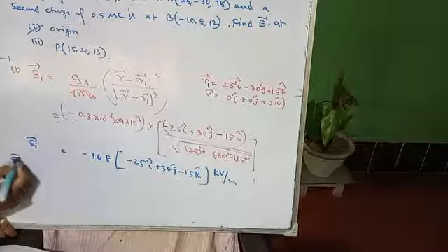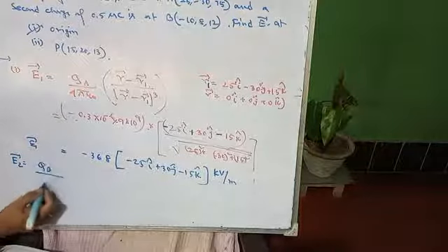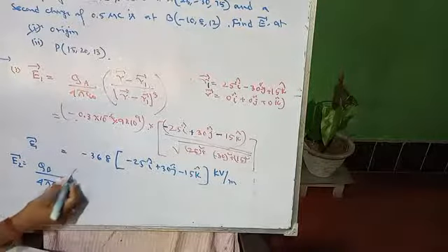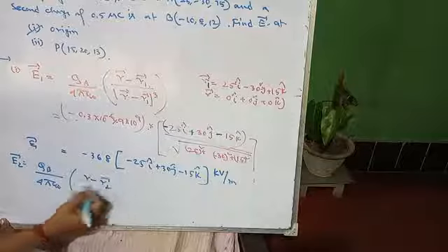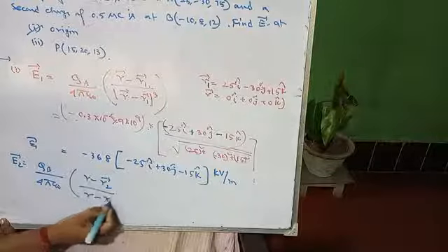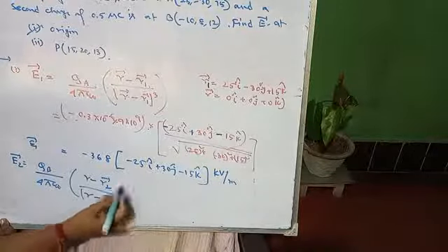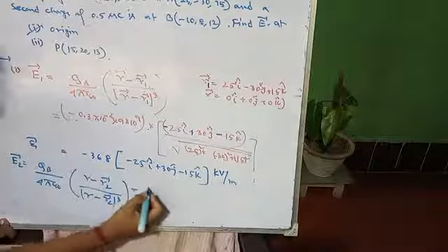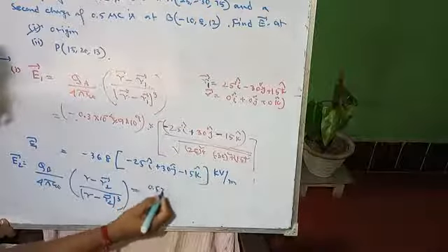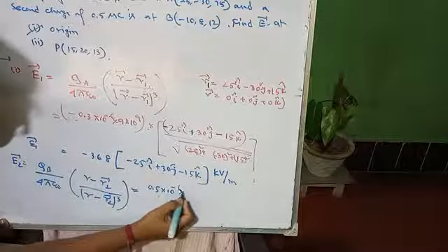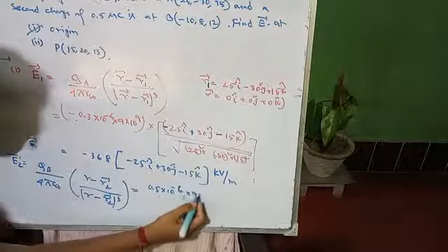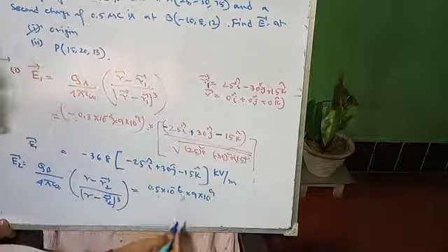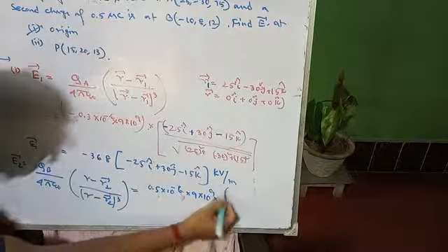And now similarly E2 equals what? Due to this point B, 4 pi epsilon naught. Similarly it will be (R minus R2 vector) by modulus of (R minus R2 vector) whole cube. So this equals QB, 0.5 into 10 to the power minus 6, into 9 into 10 to the power 9, into R minus R2.